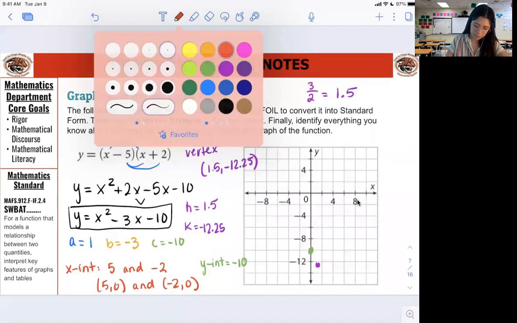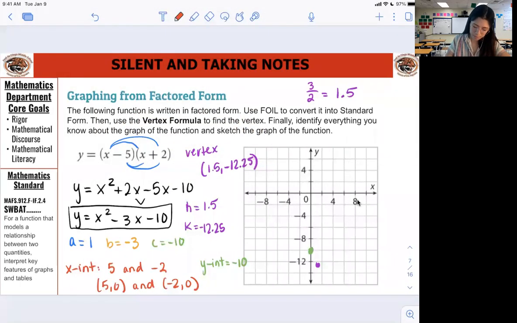And my x-intercepts are 5 and negative 2. So putting it all together, there is my parabola. I always draw mine so they look like a V, but it should be more of a U shape. It's kind of hard to do.